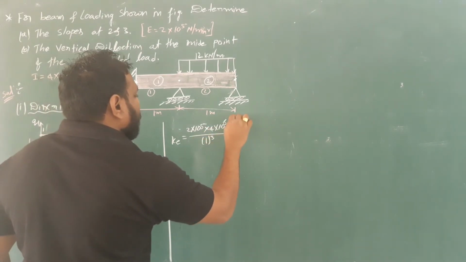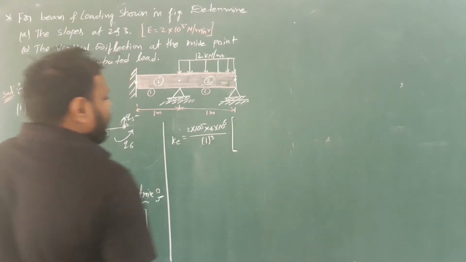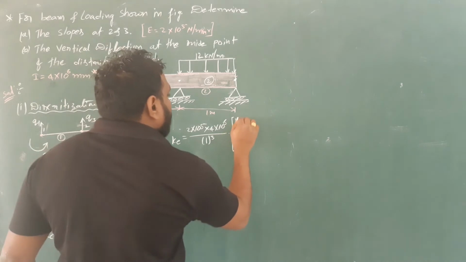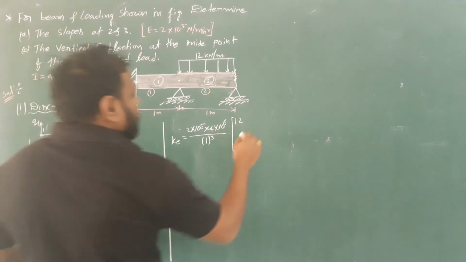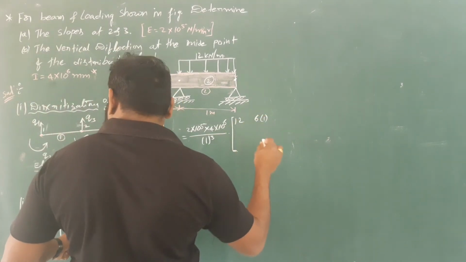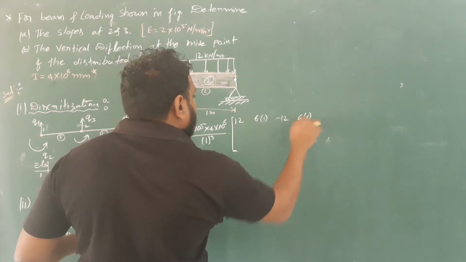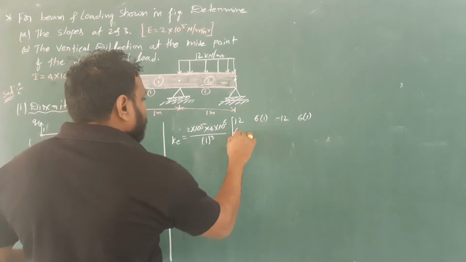Into the matrix for the first element: 12, 6 into 1, minus 12, 6 into 1. Next 4 into 1 squared, minus 6 into 1, then 2 into 1 squared. Then minus 12, minus 6, 12, and 6 into 1.